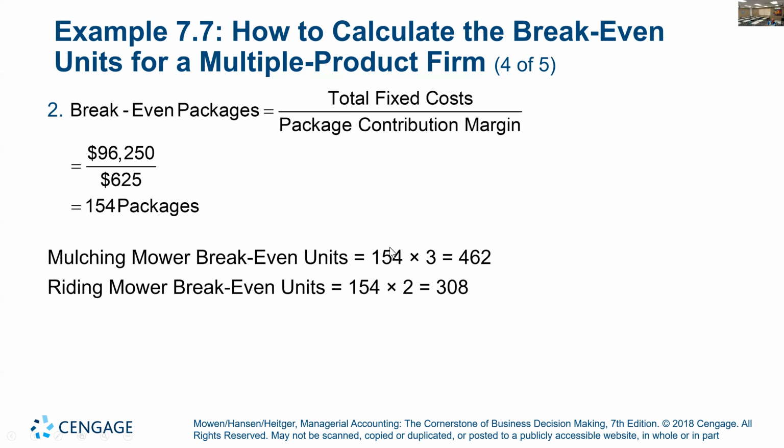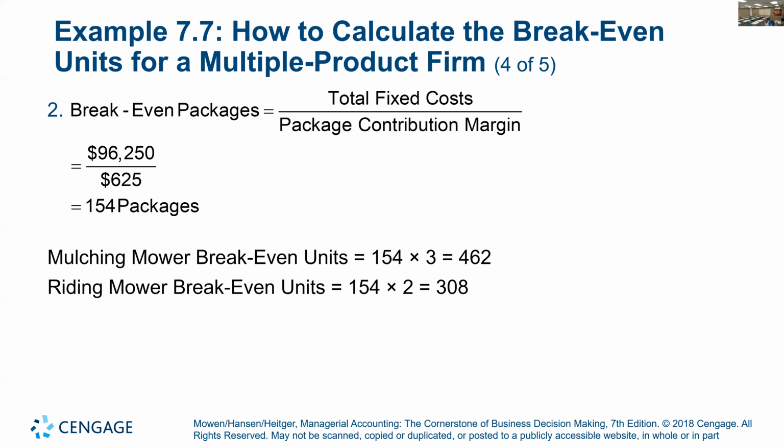Next, we need to determine how many baskets we need to sell to break even. Our fixed costs are $96,250, divided by 625, the contribution margin per basket, which gives us 154 packages, or baskets. I'm just going to stick with baskets. So we have 154 baskets to sell to break even.